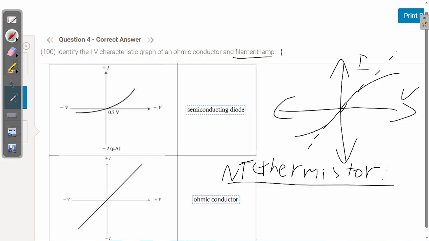For what that is, you don't need to know, but just memorize it. Okay, so I-V, this one will be like this. Okay, so just memorize these.